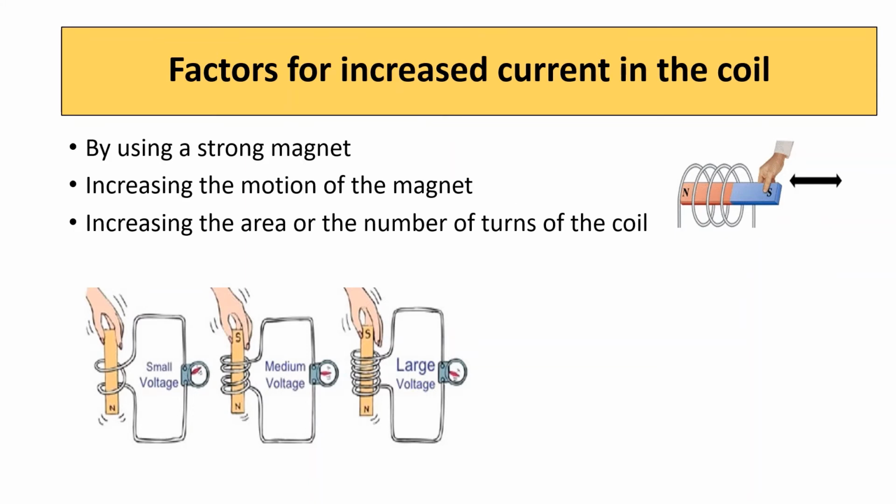Induced current can also be increased by increasing the area or the number of turns of the coil. Here in this diagram you can see only 2 turns, small voltage; more turns, then medium voltage; large number of turns, large voltage. That is, a large number of turns in the coil will increase the current in the coil.